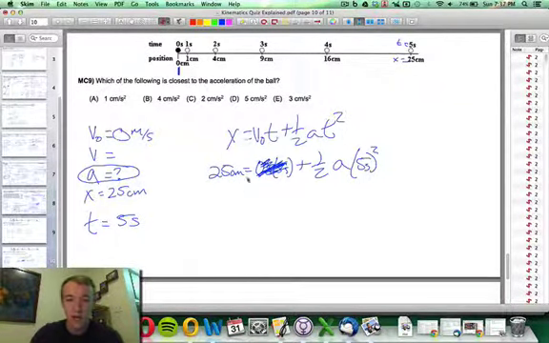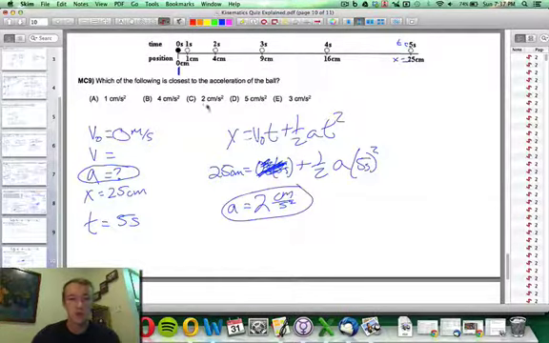So you get 25 equals 1/2 times a times 5 squared. 5 squared is 25. 25 times a half is 12.5. 25 divided by 12.5, you end up with an acceleration of 2 centimeters per second squared. Very nice. Looks like C is our answer there.